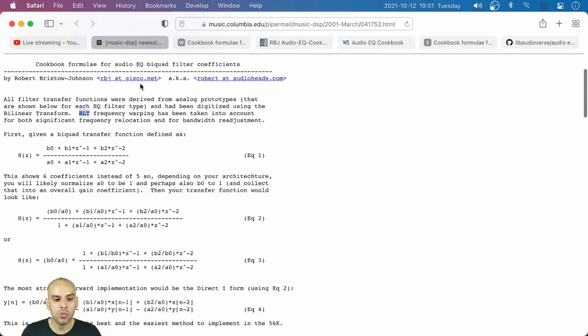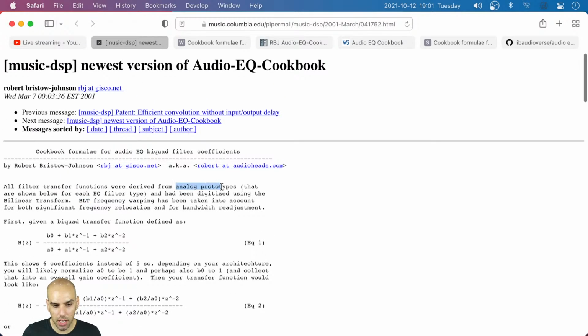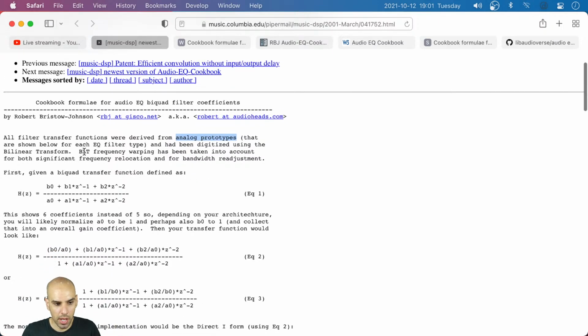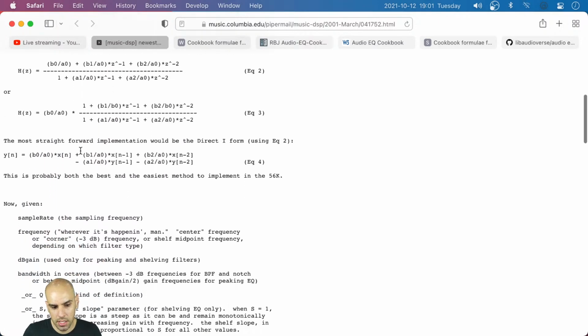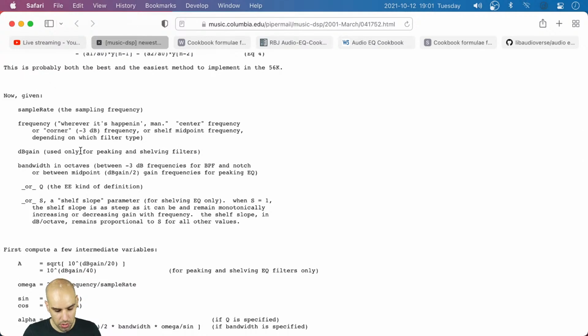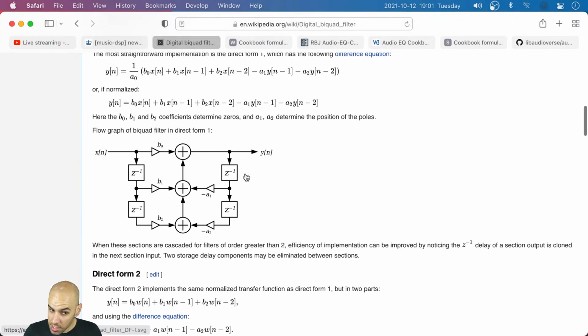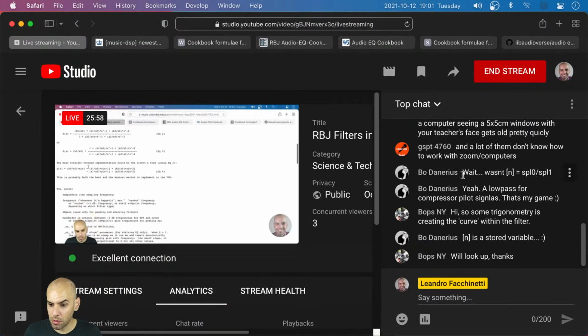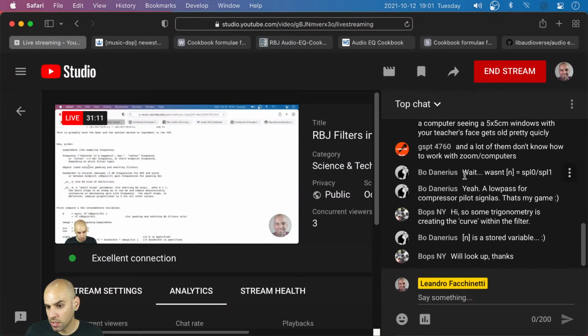Essentially, that's how it goes. You start with an analog prototype, an analog filter that has been around forever, and then you digitize that using the bilinear transform. That's where these equations came from. Now, if you want to ask, where did this come from? How did people figure this out? I have no idea. But maybe I'll learn, and if I do, then I'll teach you.